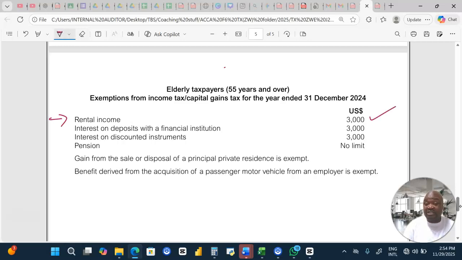So you first have to deduct 3,000 before you compute any CGT, any income tax applicable. And when they earn interest on deposit with a financial institution, also remember that they are entitled to 3,000, and then interest on discounted instruments, they are also entitled to 3,000.